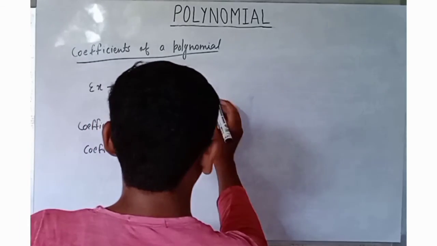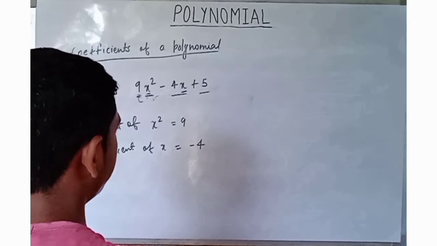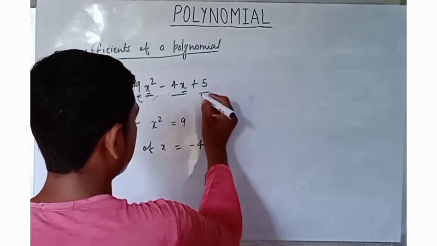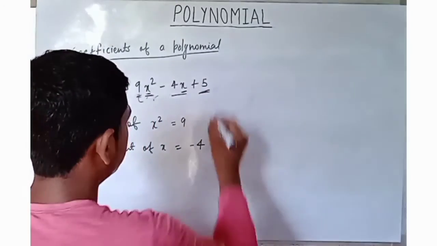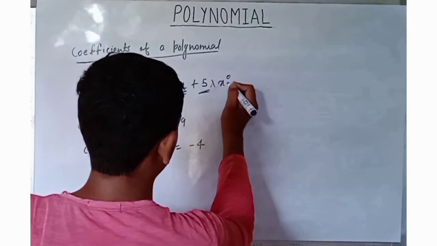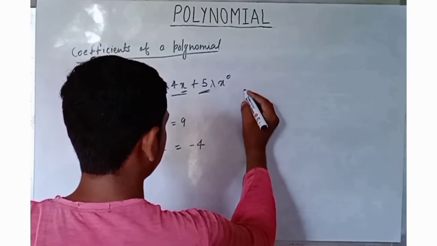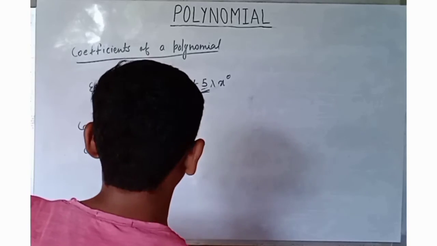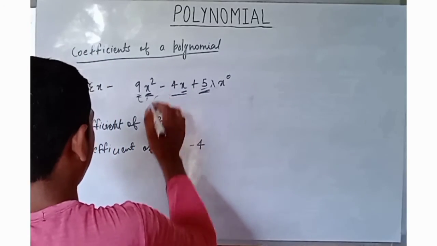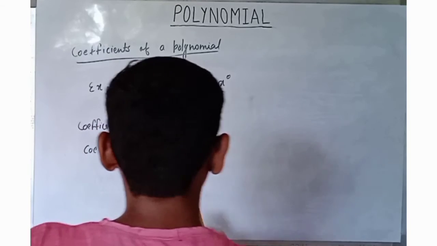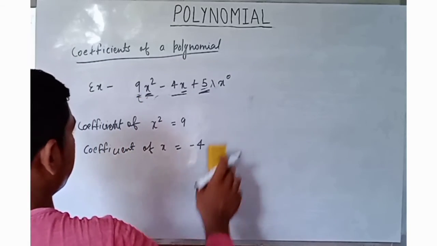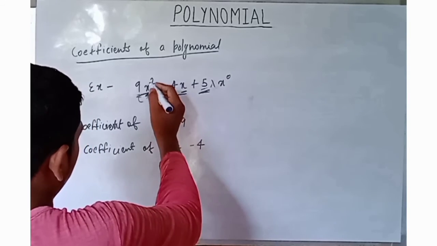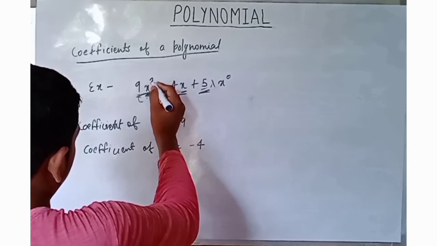Now the coefficient of 5 will be, oh, it's normally a constant term. In this you can find the degree: it will be 5 into x to the power 0, so the degree of 5 will be 0. And the degree of the term 9x square will be 2.